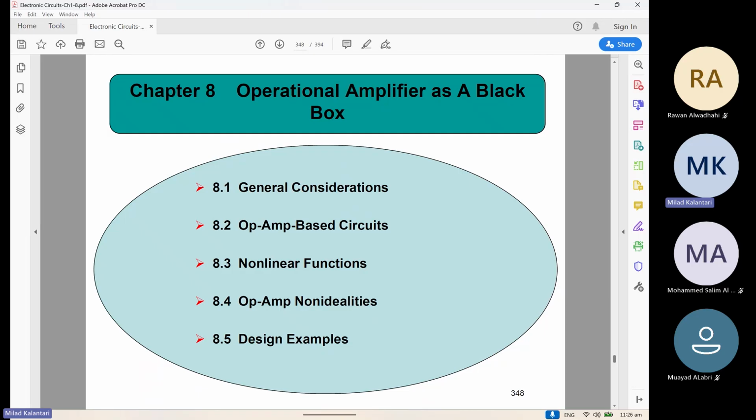So from this part, in fact, we are going to study a very useful component in electronics. We call it the operational amplifier. But at the beginning of this section, we are seeing this operational amplifier as a black box.